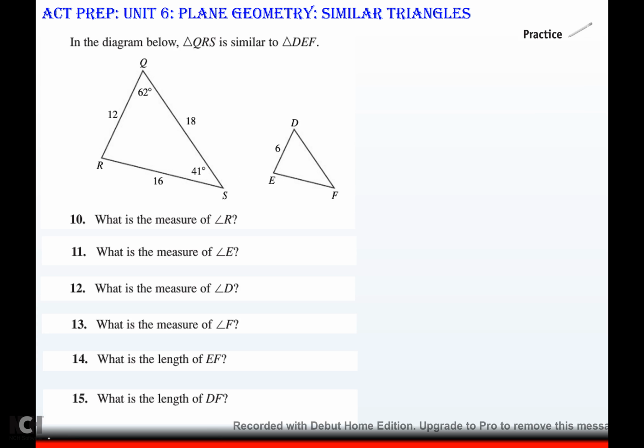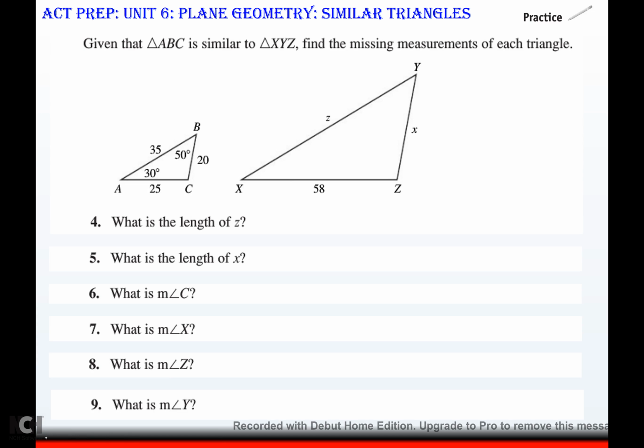All right. Oops. Skipping. Four says, what is the length of Z? Five, what is the length of X? Six, they want to know all the angles. So I need to set up my angles and my sides. For my angles, using this as my guide, I know that angle A equals angle X, angle B equals angle Y, and angle C equals angle Z. So I know A is 30, I know B is 50, and I can figure out C. C is going to be 180 minus 30 minus 50, which is going to be 100 degrees.